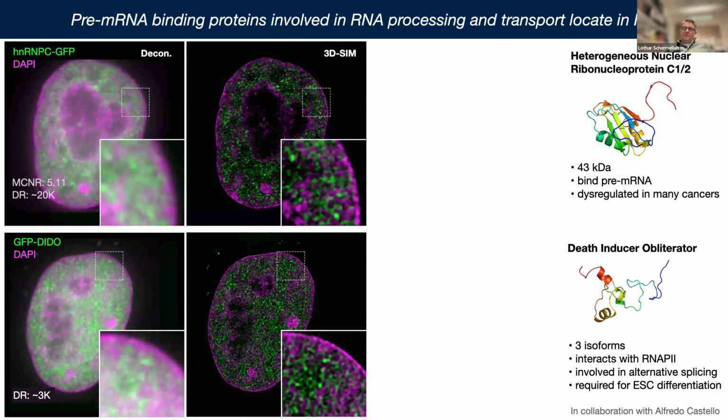And with 3D SIM, of course, you can improve that. It can cut through the noise, but we also know, maybe people that work in the field know, that there are certain artifacts associated with very diffuse signals that have very little modulation contrast.